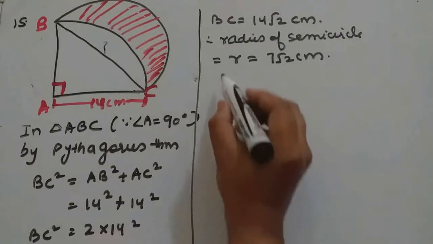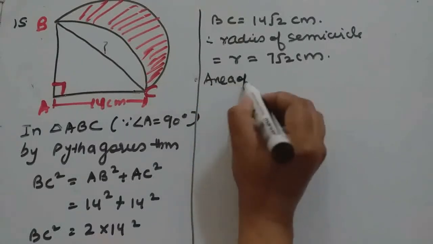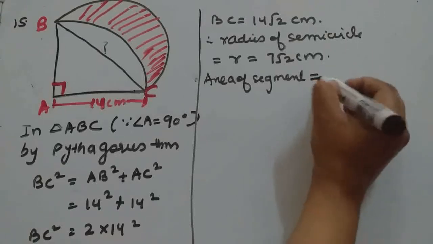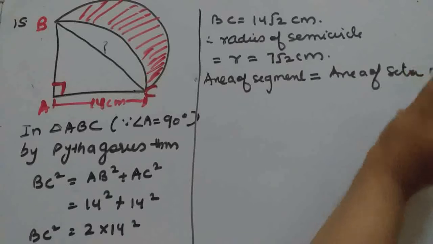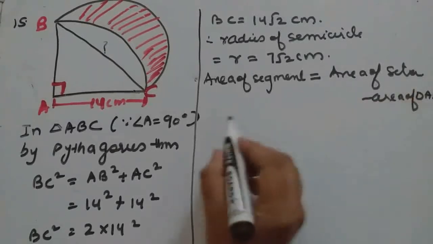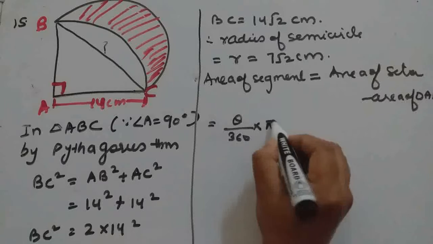Now area of sector or area of segment we can find directly. Area of segment is equal to area of sector minus area of triangle. Area of sector means theta by 360 into pi.